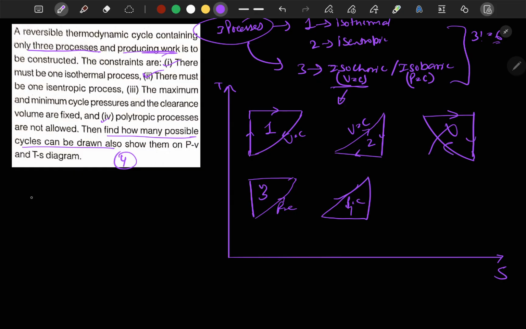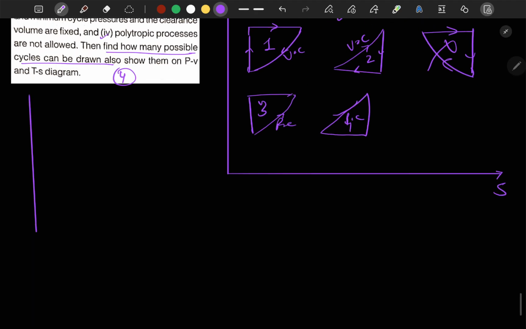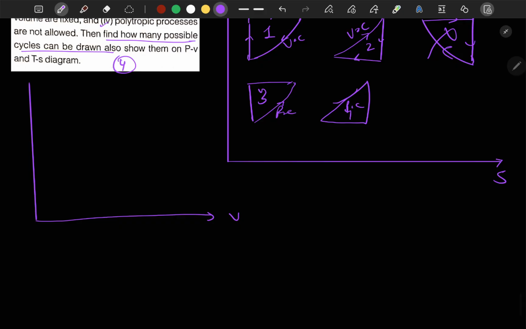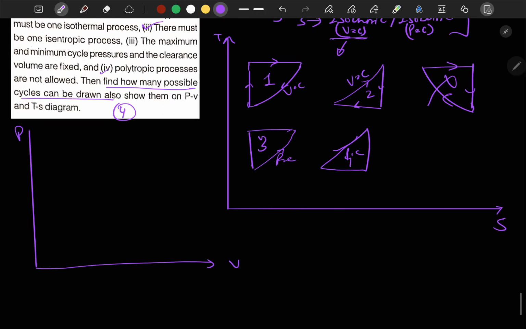To show them on the PV diagram, let's draw the PV diagram. Let's say this is process 1. Now this is constant volume, it should be like this.